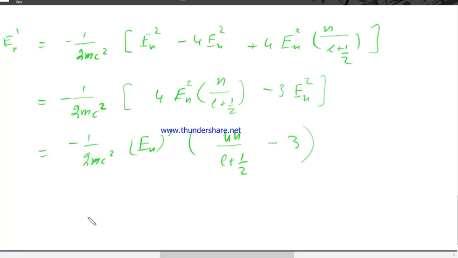So it is smaller by the factor of En divided by mc², which is about 10 raised to the power minus 5.